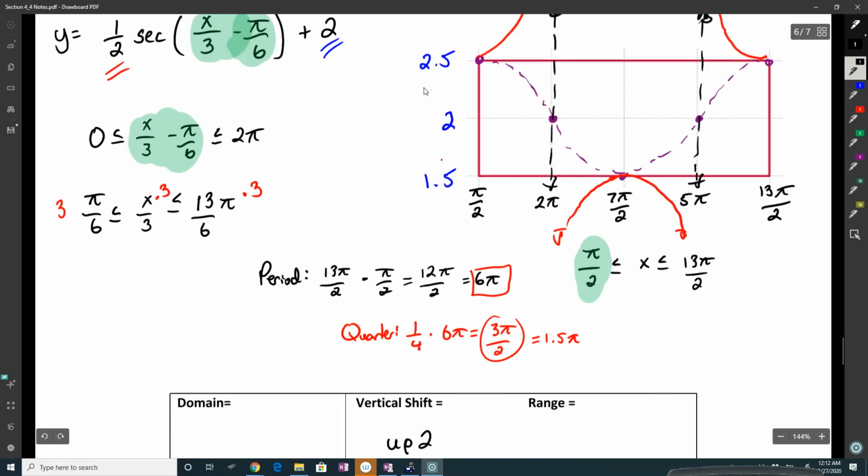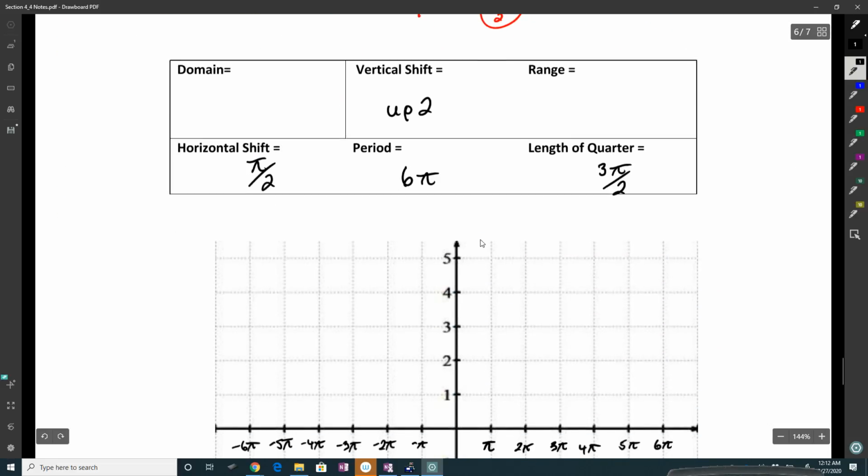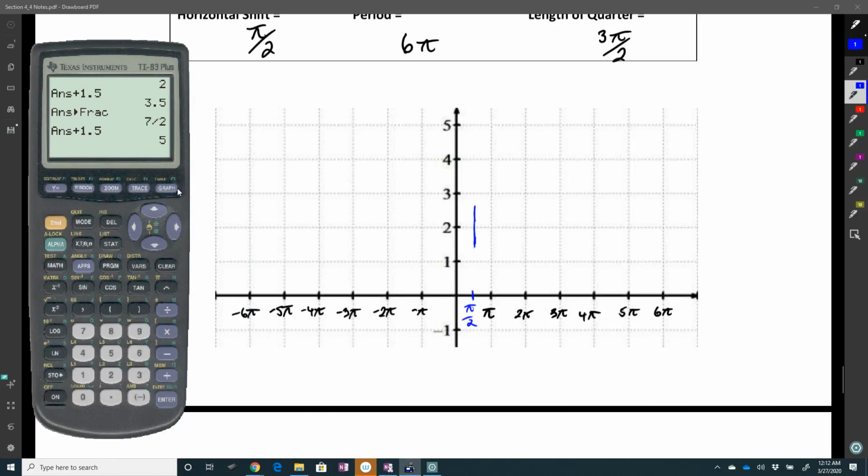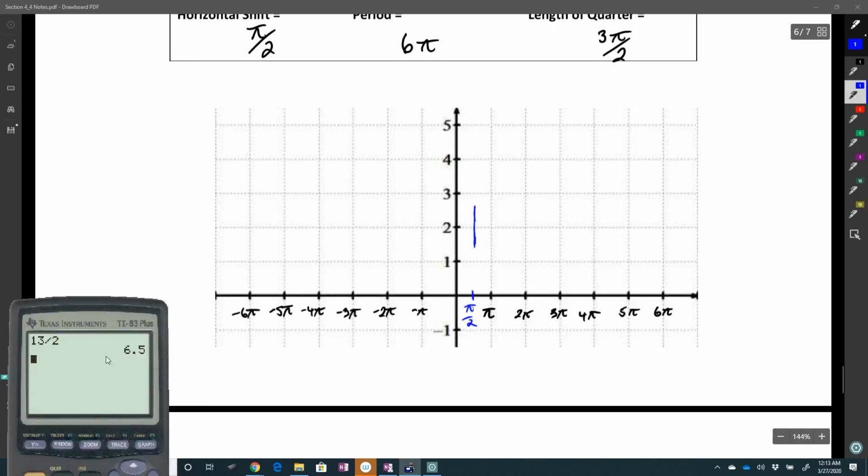It's between 1.5 and 2.5 vertically, and pi over 2 and 13 pi over 2 horizontally. So 1.5 to 2.5. And then from pi over 2, and then 13 pi over 2. Remember 13 over 2 is 6.5.